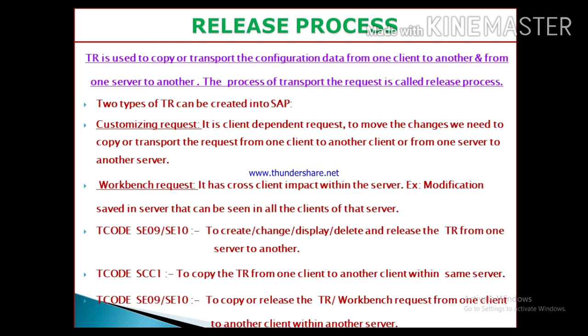Now we go further to the steps in processing. How to release the process or how to copy the TR into another client or another server. These are the T codes, SE09 or SE10.